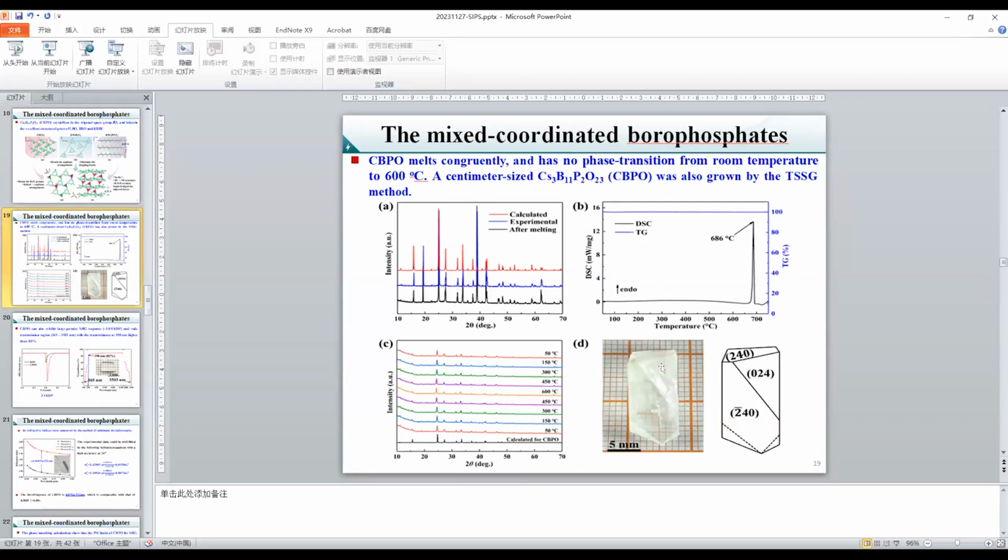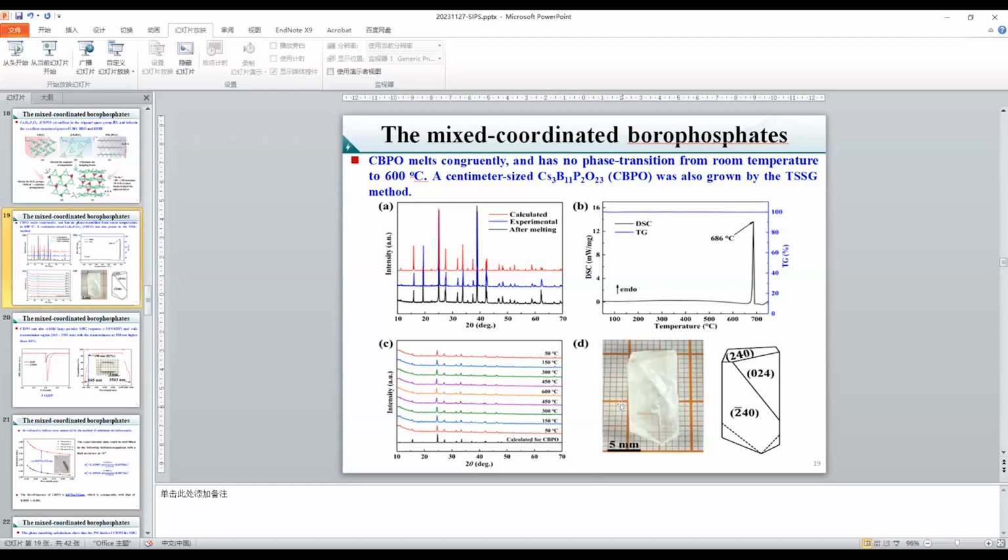The measurement shows CBPO melts congruently, and it has no phase transition from room temperature to 600 degrees. 630 degrees is close to its melting temperature.